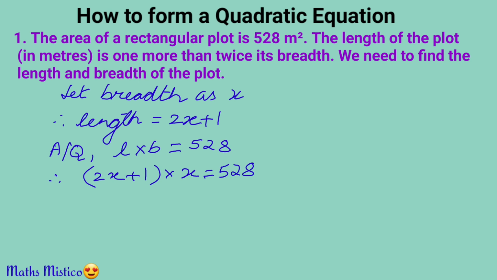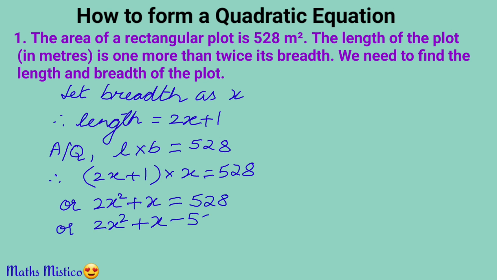Opening the brackets and simplifying, we get the equation 2x square plus x minus 528 equal to 0. So this is how we can represent this situation mathematically in the form of quadratic equation.